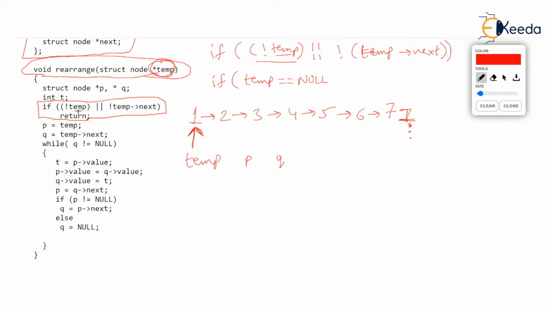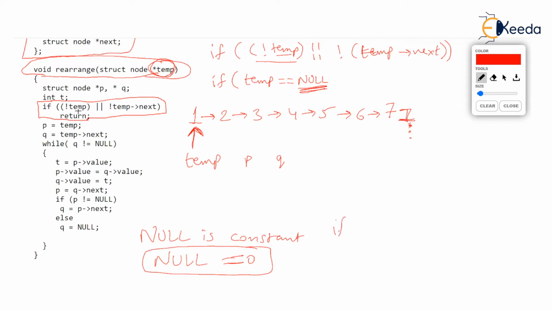Now it's time to tell you that actually this null is a reserved word, I said, but null is actually a hash defined constant, and null has a value 0. I repeat, null is a hash defined constant actually, and null is 0. So you watch that. Suppose temp is 0, assume that temp is null, that is 0, isn't it?